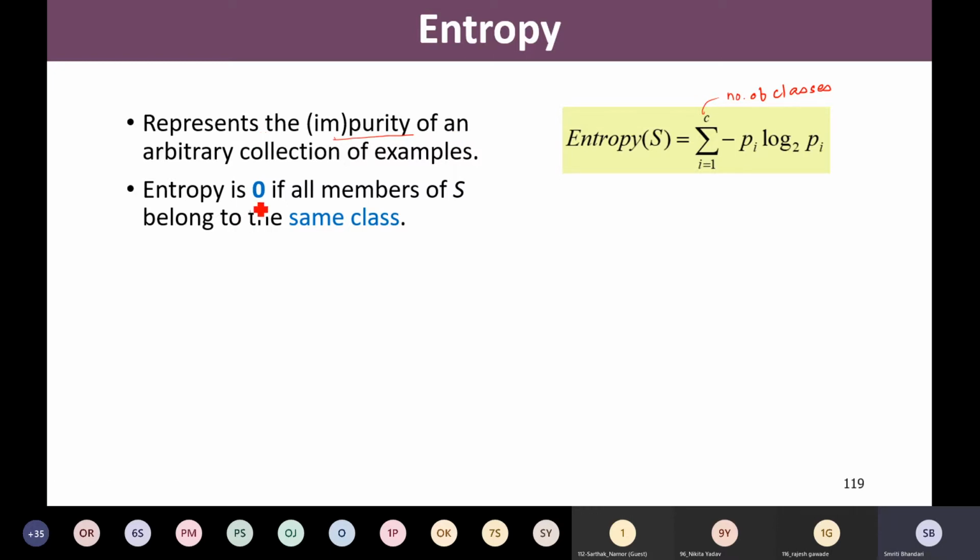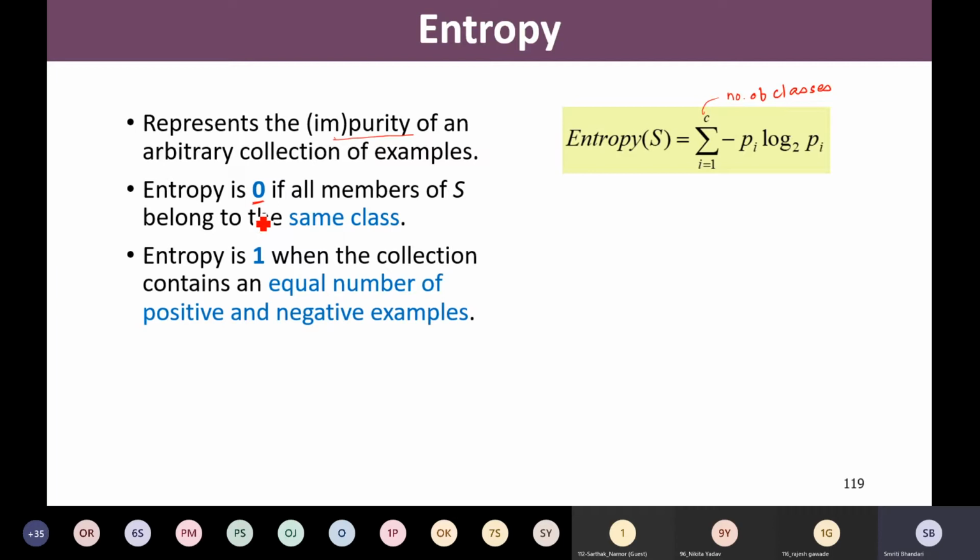So my data set is very pure. What does this mean? If I have a data set with 10 samples, and all these 10 samples belong to the same class, then the entropy would be 0, right?